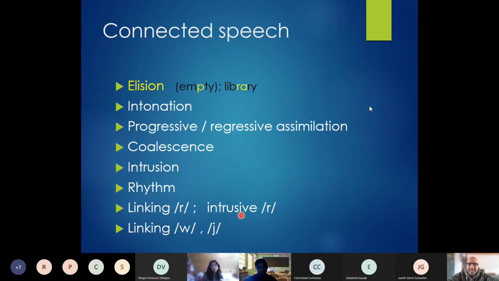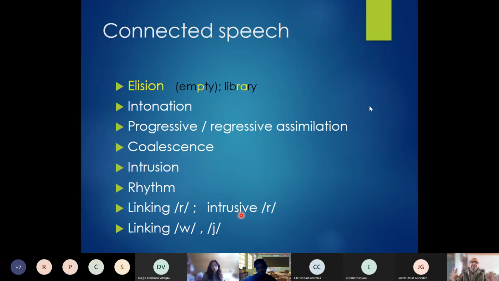Very good. Now, some people make a difference between eliding a phoneme, which means making a phoneme or a speech sound disappear, as in the case of empty, right? Which may have some historical reasons, or sometimes it's just common usage for a community.